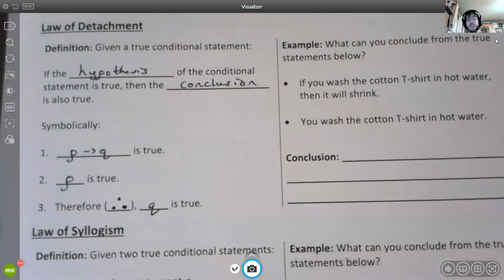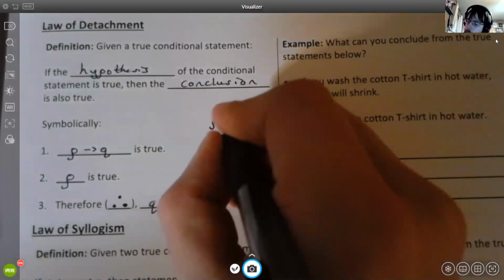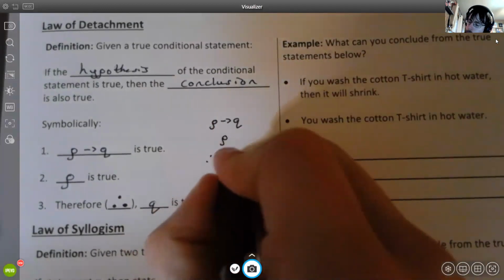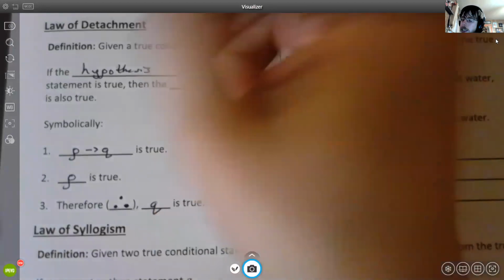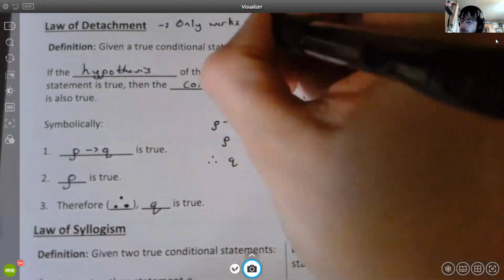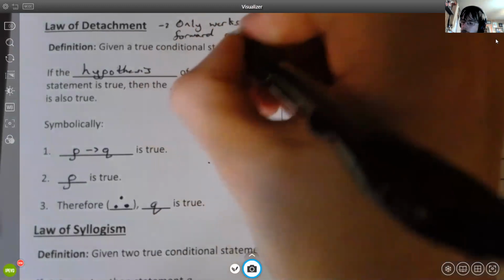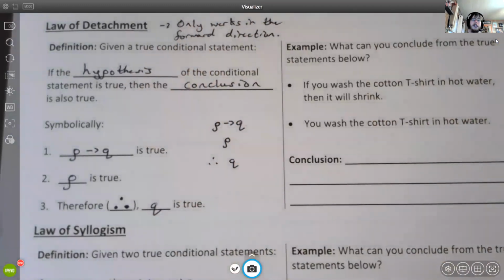So the big thing about the law of detachment is that when you write this out in column format, we're going to write this out here. P implies Q, P, therefore Q. The law of detachment only works in the forward direction. Okay? It only works in the forward direction.